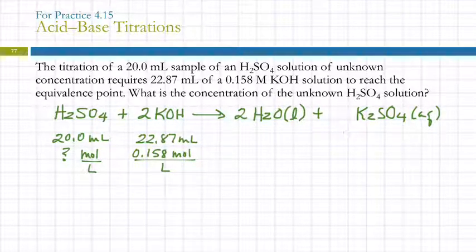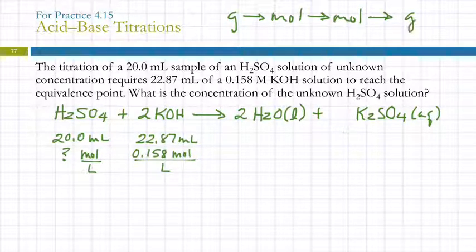So we're going to approach this as stoichiometry. The regular path is grams to moles to grams. We don't have any grams. So we're switching up the beginning. What we've got is milliliters. And then what do we want at the end?